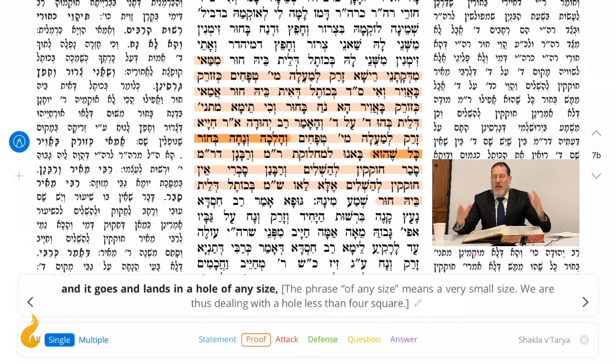What would happen if it has the four tefachim width? The center of the doorway has 10 tefachim, but being that the door is built in an arch form, like a Spanish home, you don't have on the top 4 tefachim width. You have on the ground 4 tefachim width, and then as it goes up, both sides incline inwards.